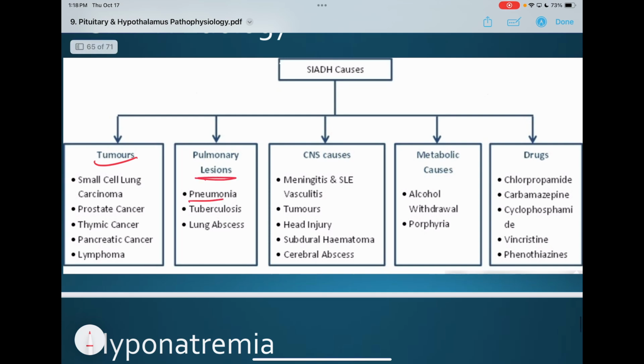Pulmonary lesions, pneumonia, can cause SIADH to occur. Your CNS causes, big one, meningitis, tumors, head injuries. Okay, these are CNS causes that will result in SIADH. Your metabolic causes, alcohol withdrawal, and then drugs, here's your chlorpropamide, carbamazepine, and so forth.